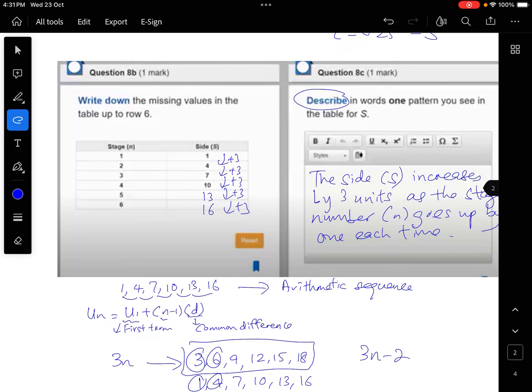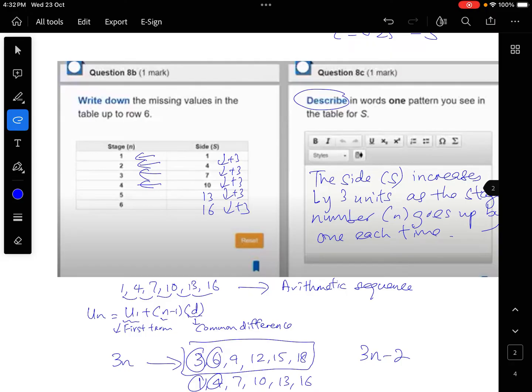In the table that's given to you, stages 1, 2, 3, 4 have been given. Stages 5 and 6 technically have not been given to you, because you were supposed to find what the side length would be at stages 5 and 6. So it is technically fine to use stage 5 and 6 to verify your general rule in this case.